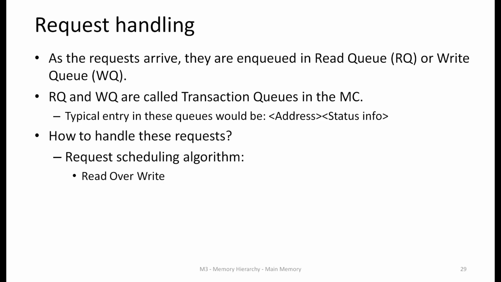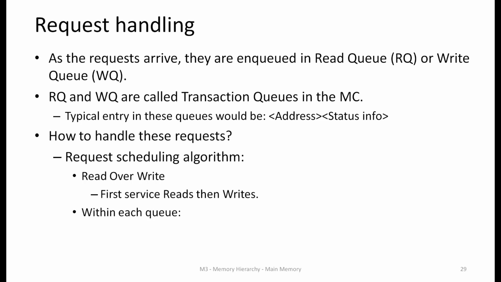We already know that writes don't result in stalls at the core, so we can deprioritize writes when considering reads. It means if we have multiple reads and writes waiting in the read queue and write queue, we will try to service the request in the read queue first and then the write queue. This is the typical read over write algorithm that we saw at the caches also.